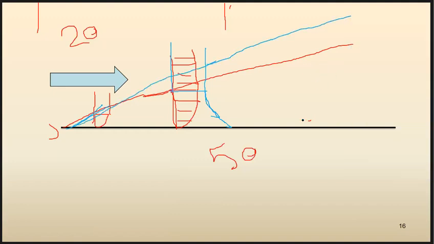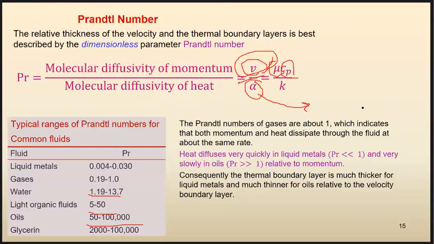They don't have the same thickness. The thermal boundary layer can be thinner or thicker than the velocity boundary layer. The relative thickness, the ratio of the thickness of the thermal boundary layer and velocity boundary layer, can be calculated using a correlation in which we use the Prandtl number.